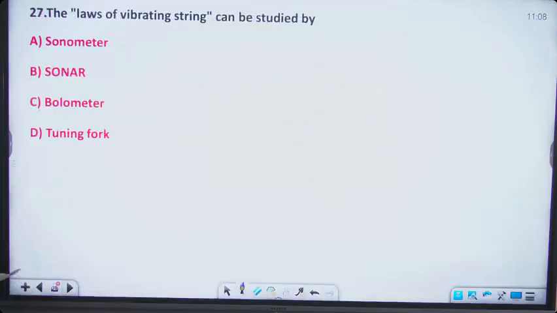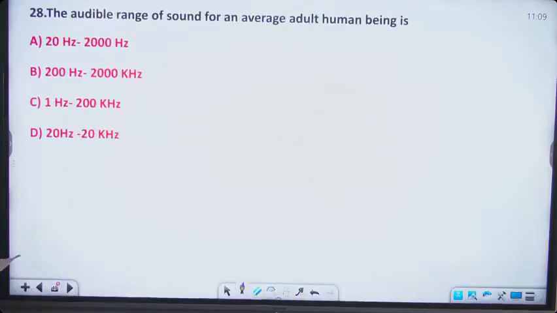Then, the law of vibrating string can be studied by sonometer. The audible range of sound for an average adult human being is 20 hertz to 20 kilohertz.